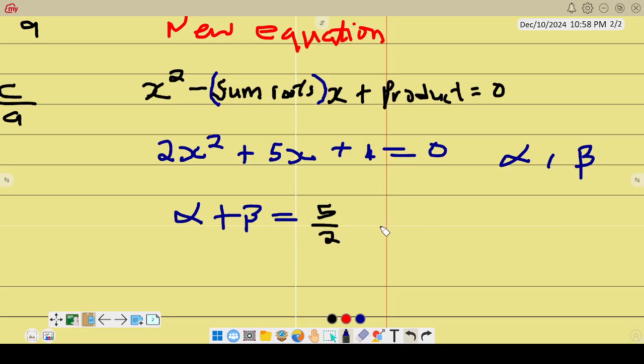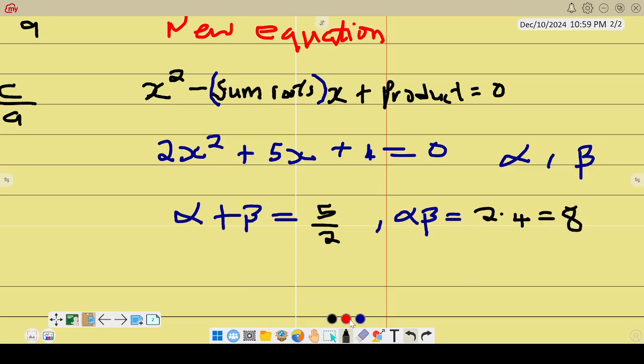And then alpha times beta, the product, it is what? So just say 2 times 4, which we can simplify as 8.